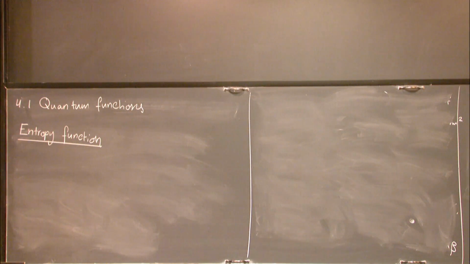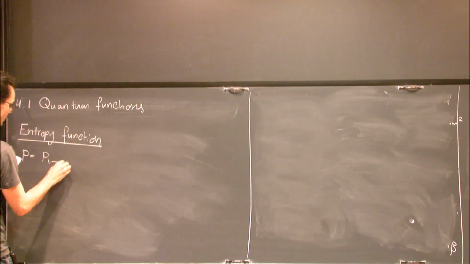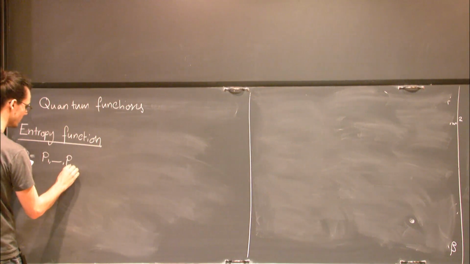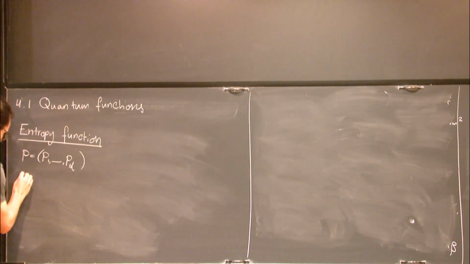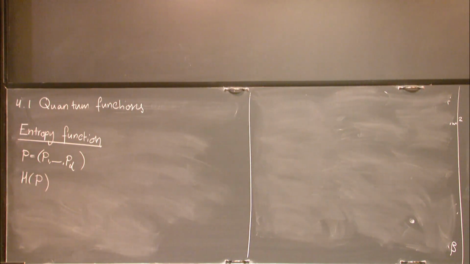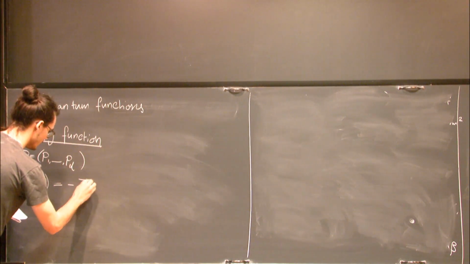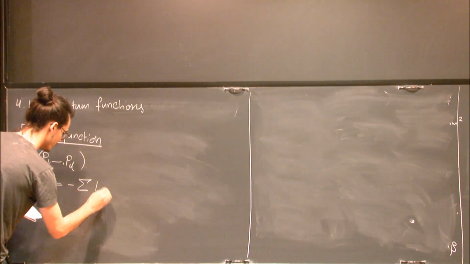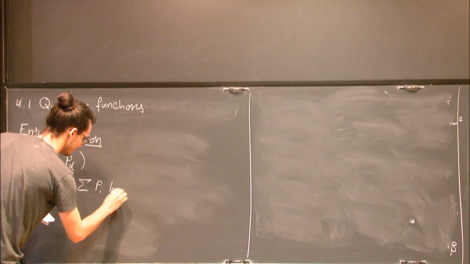So P is a probability distribution, or probability vector of length d. So they sum up to 1, and these are real numbers, at least 0. Then the Shannon entropy of this vector is defined as minus the sum of p_i log p_i.